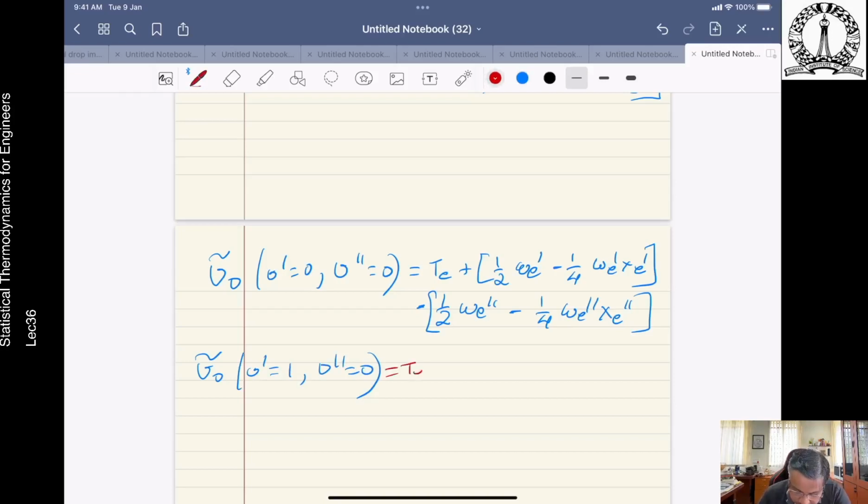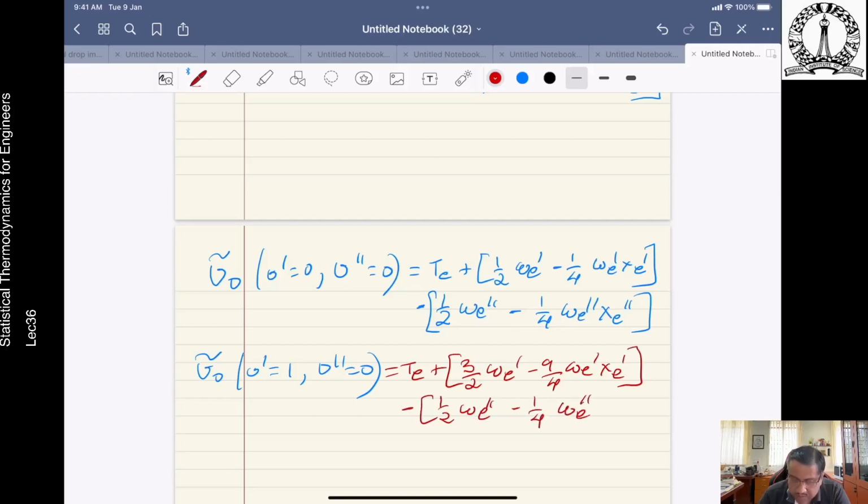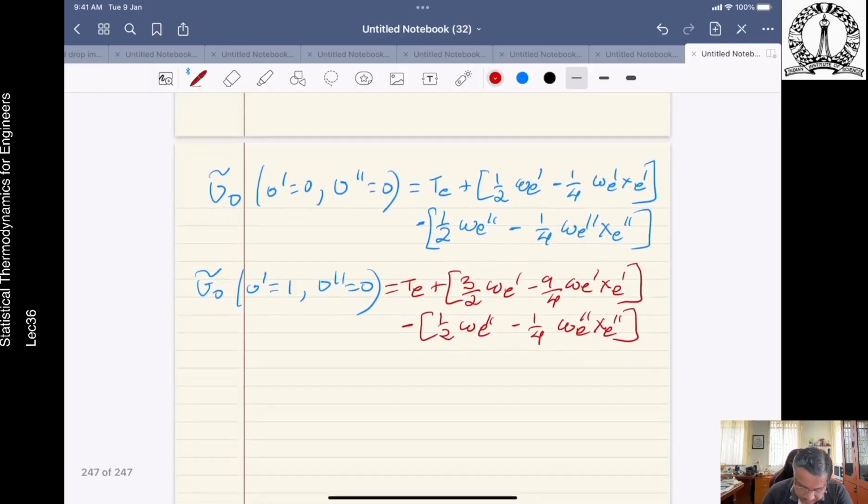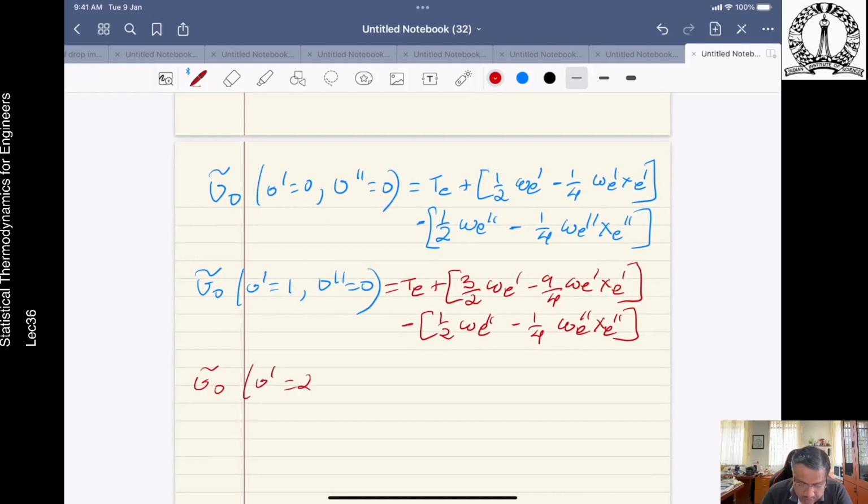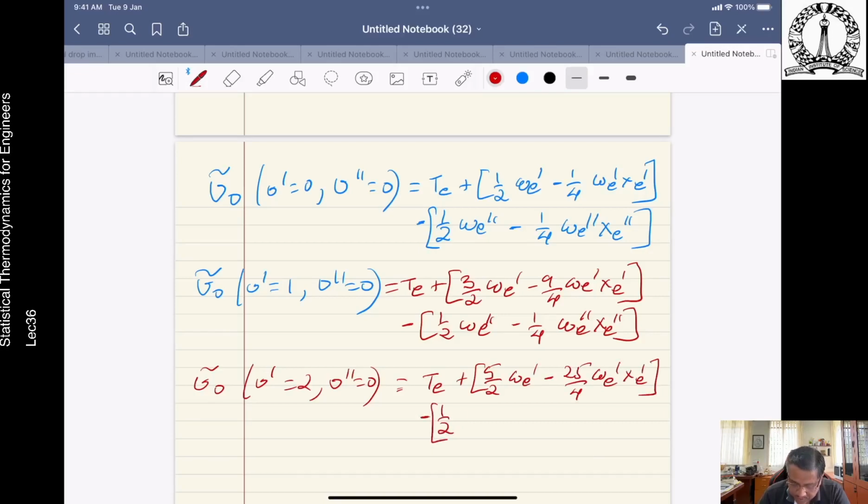Then for v prime equal to 1, v double prime equal to 0, this is equal to T plus 3/2 omega e prime minus 9/4 omega e prime x e prime, minus the double prime terms. For v prime equal to 2, v double prime equal to 0, it is T plus 5/2 omega e prime minus 25/4 omega e prime x e prime, minus the double prime terms.